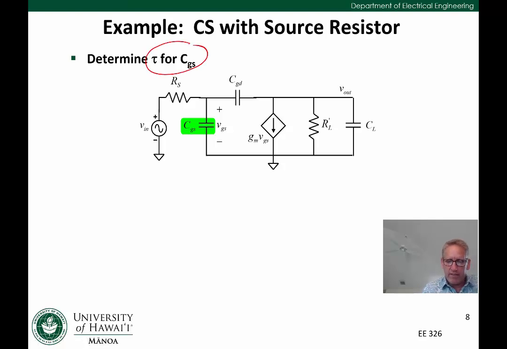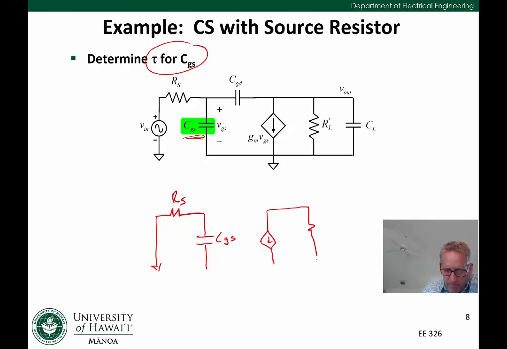Okay, so now we're looking at CGS. Again, I'm going to copy the circuit down, zero the sources, and open the other capacitors, and I'm going to get the following circuit. Okay, so what do we see here?